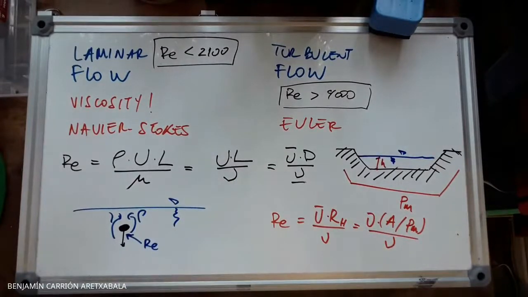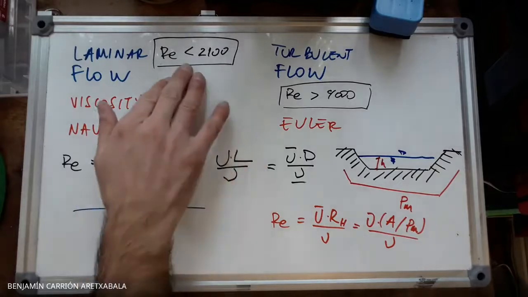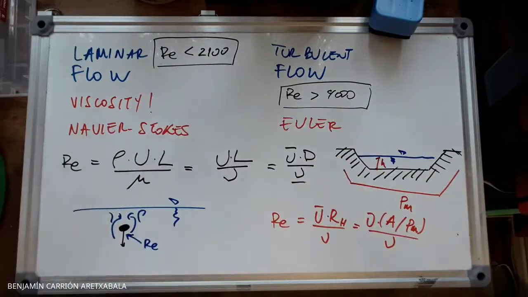So depending on the type of the flow is the type of the Reynolds number. They are all defined more or less to have the same thresholds, but they're pretty broad thresholds. So it depends on the kind of flow.